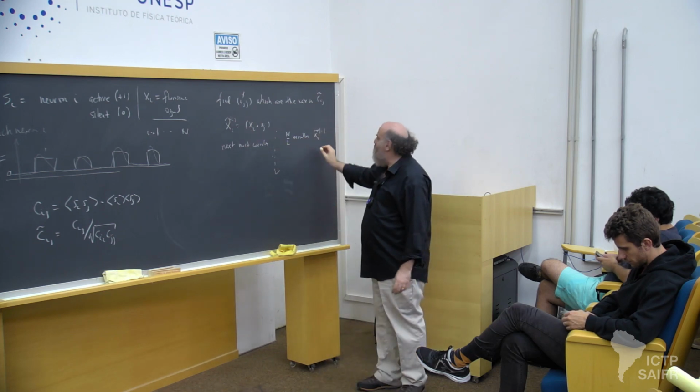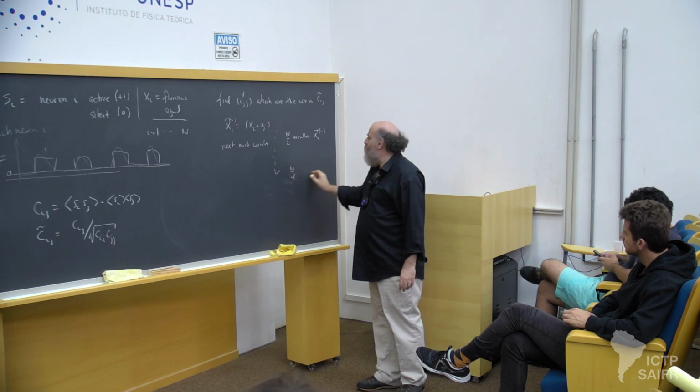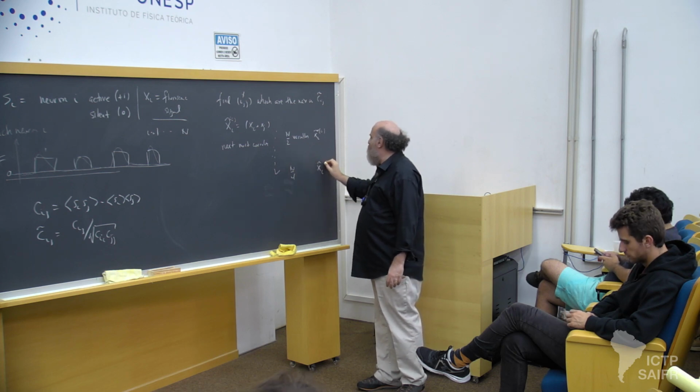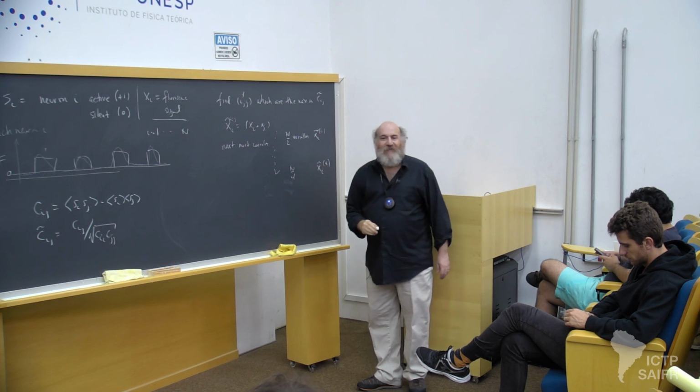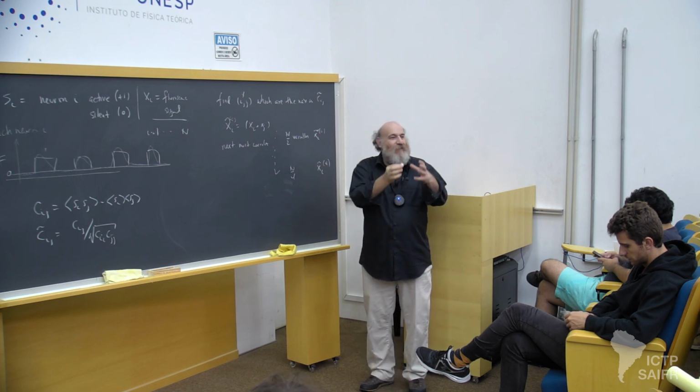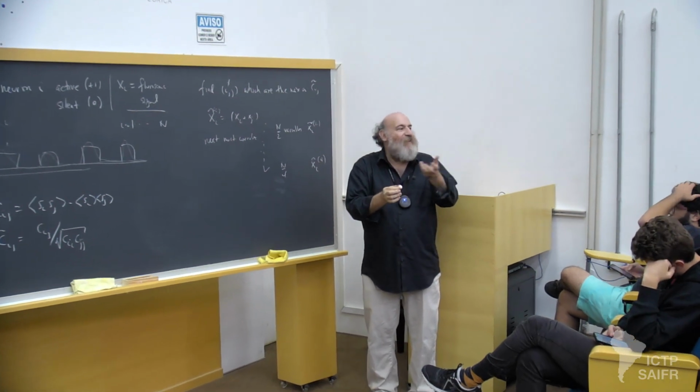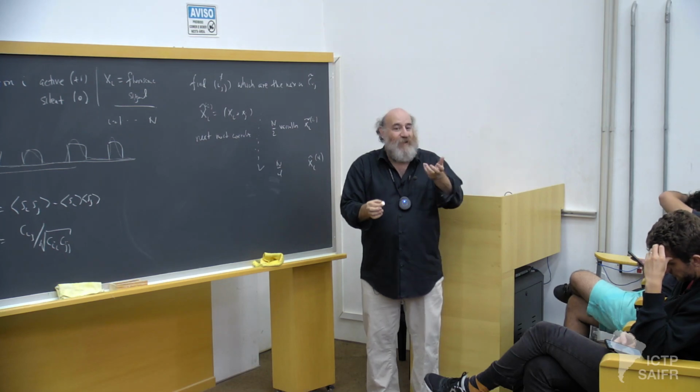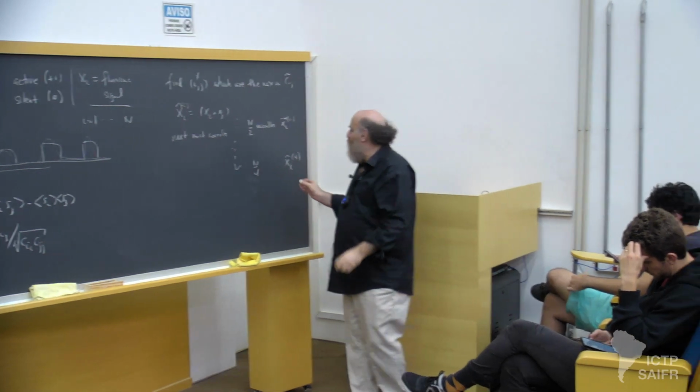If I do it again, I can describe things at the scale of 4 neurons, right? My variable xi now describes the average behavior of 4 neurons instead of 2 neurons, and so on. And so I can keep doing this, right?